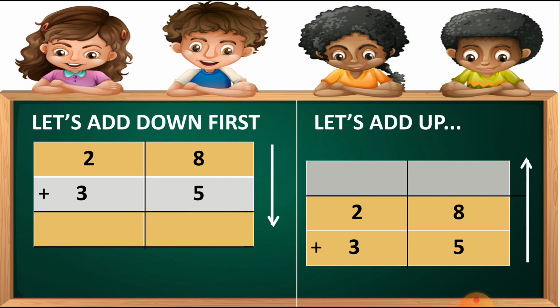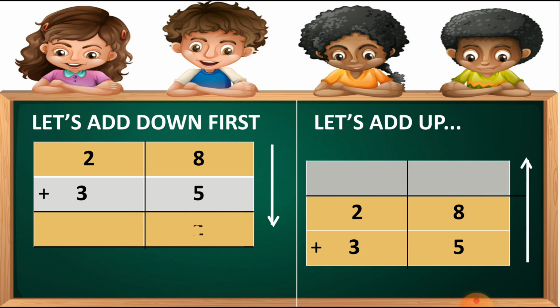So students, here is one example for you. Let's add down first. You can see through this arrow that we are adding down first. Now the question is 28 plus 35. So students, let's see the ones column first. Here is 8 plus 5. 8 plus 5 is equal to 13.